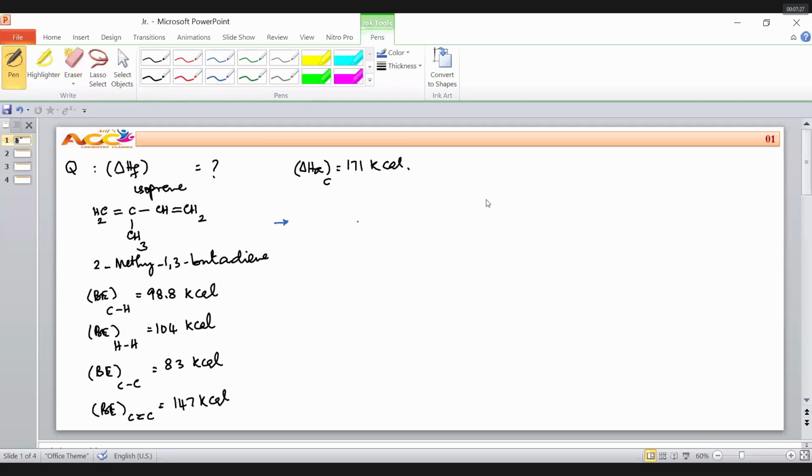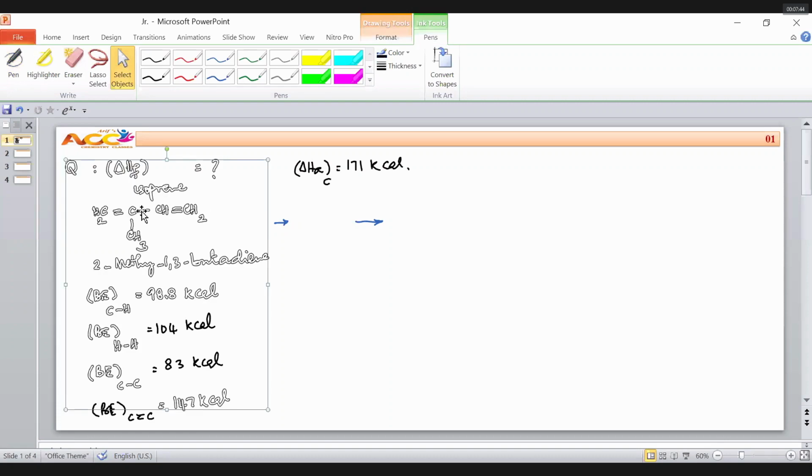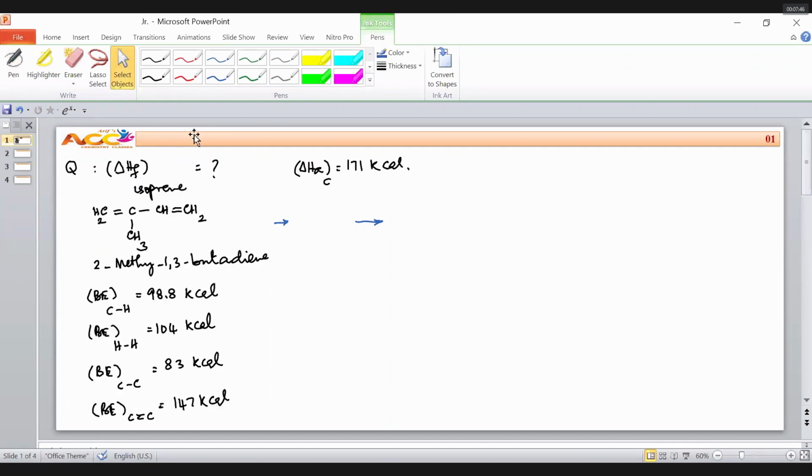Suppose we have this reaction. I'm not writing this structure again, I'll write this structure here. I am a lazy fellow.